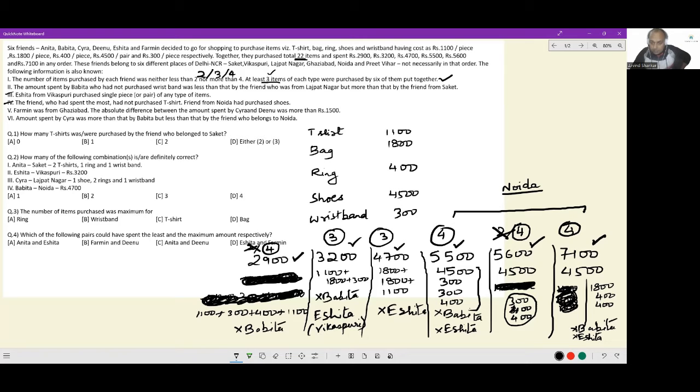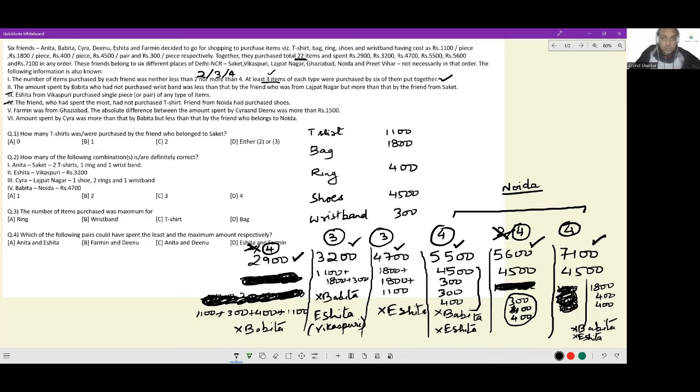Babita can't be at the first spot, and can't be at the second spot. What was the information? She had not purchased a wristband. So Babita could be in the third or the fifth spot, 4700 or 5600.